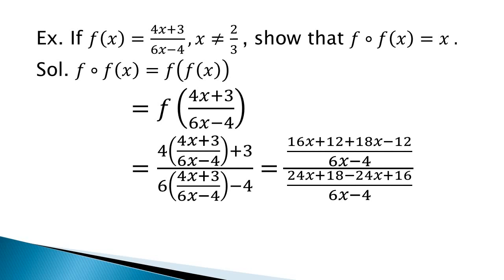You can see the calculation simplification. After simplification, we get it like this. The end is the value x. That means under the composite function f of f, the image of x is x, and that is what is to be shown.